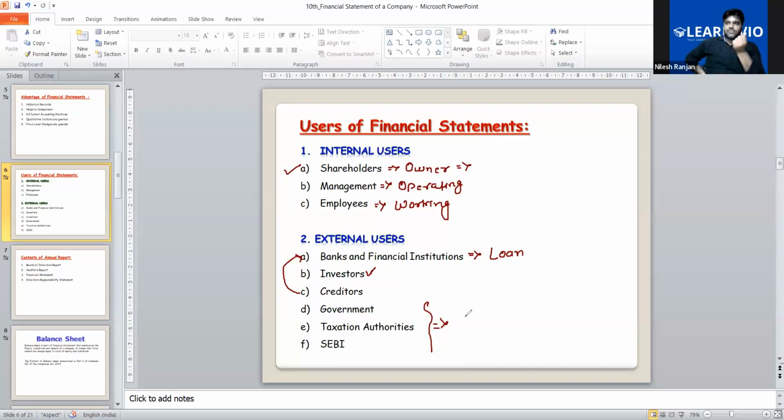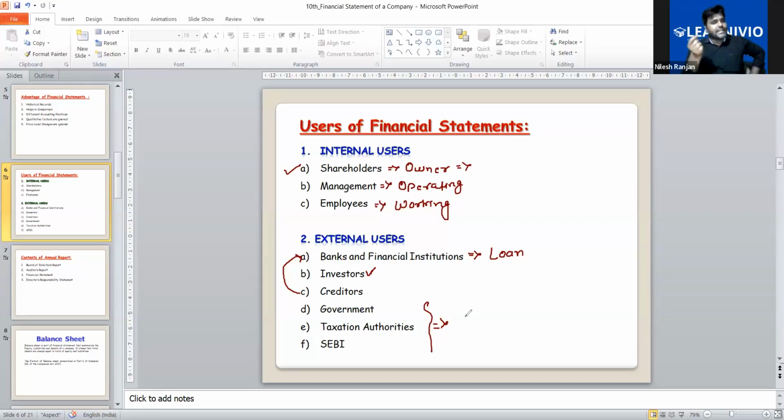Then there is SEBI, the Securities Exchange Board of India. It is also part of the government. It is a government department, and it operates for the share market. Their work is to regulate the share market and to check whether any illegal transaction is happening in the share market or not.